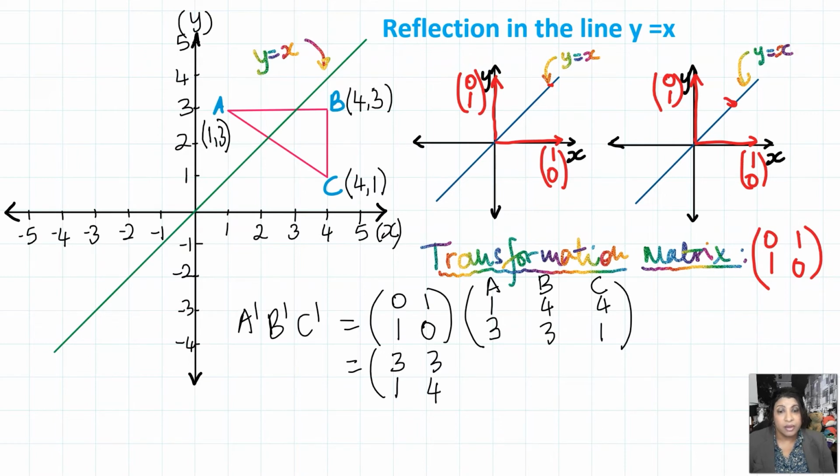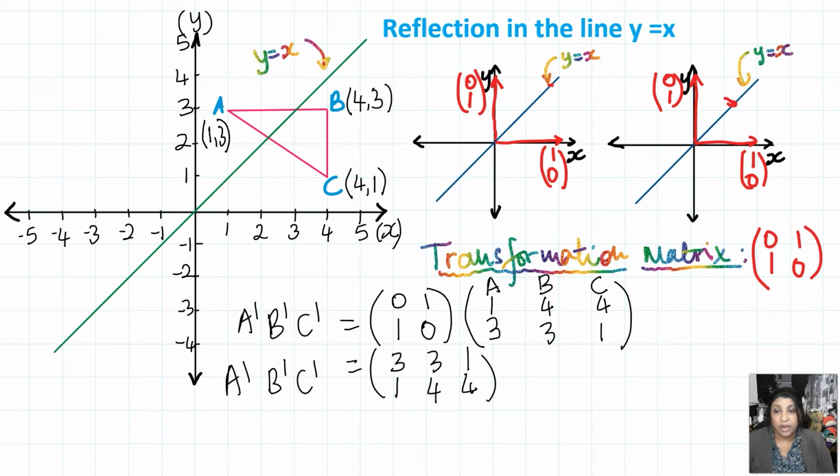The last one now, 0 times 4 is 0, 1 times 1 is 1, so I just have 1 there, and then 1 times 4 is 4, 0 times 1 is 0, so that is just 4. So now these are my A prime, B prime, and C prime.